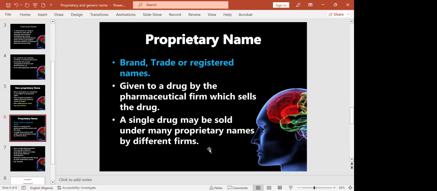If you go to the pharmacy or any average chemist, you see several brands of paracetamol. At the end of the day, the same chemical compound should be inside because they have the same generic name. It's just the proprietary name, in this case the company name, that differs.